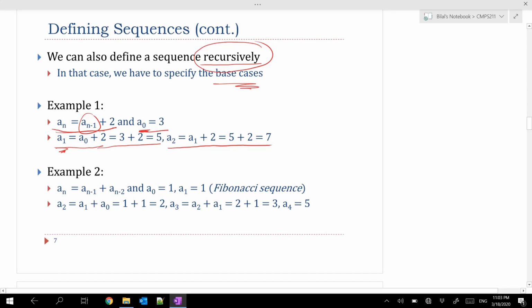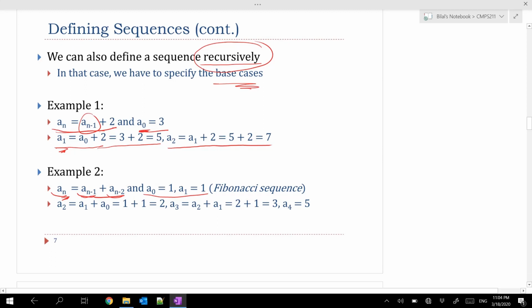Sometimes your definition of the nth term does not only depend on the previous term, but rather on two previous terms. And in this case, you should provide more than one base case, because if you only provide a0, then you cannot define a1, because a1 would have depended on a0 and a_(-1), which does not exist, or simply you didn't provide it.